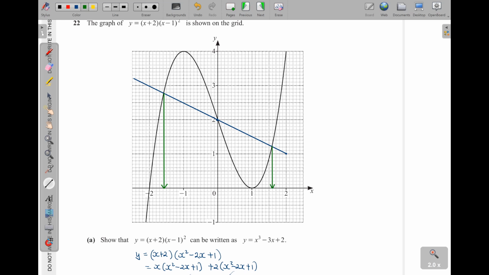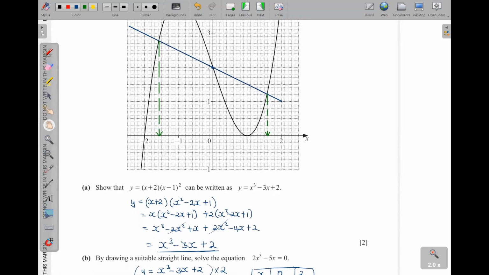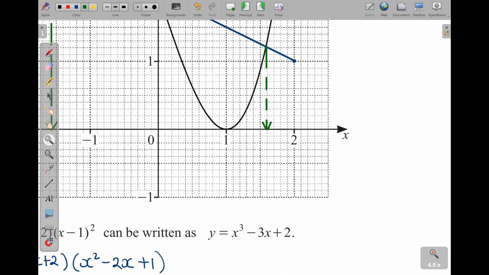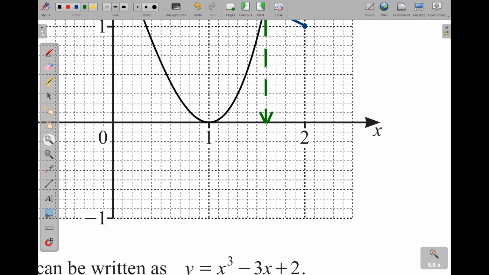Okay, like that. Then, in fact, let me make these ones dotted a little bit. Like that. Then we read off those values. So when I read off the value here, let me try to zoom. So this one will be 1. What do you see? 1.5, then 1.6. So I'll write this one as 1.6.